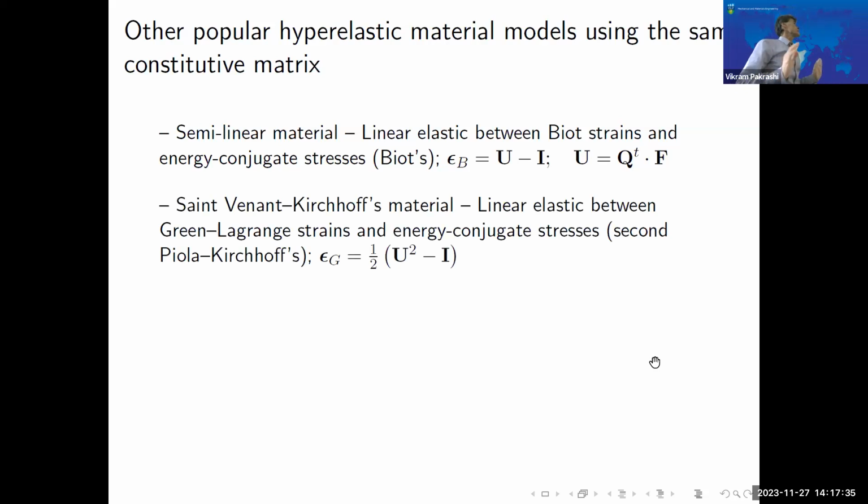This is the very popular Saint Venant-Kirchhoff material, in which a linear elastic relationship exists between Green-Lagrange strains and energy conjugate stresses, which in this case are second Piola-Kirchhoff stresses. And the Green-Lagrange strains are defined as this, as a function of the right stretch tensor, which is a component in the deformation gradient.